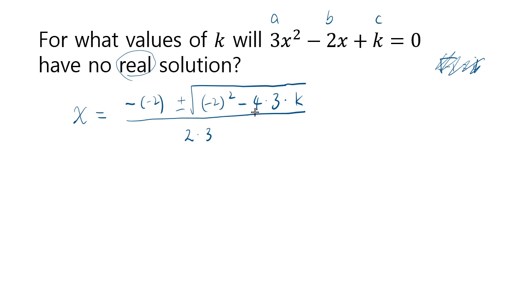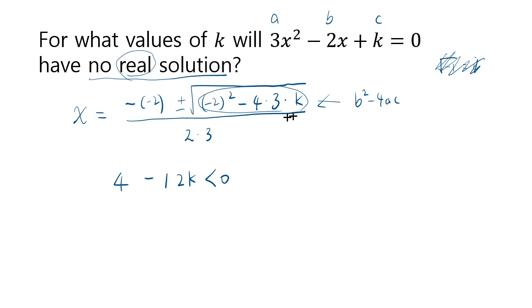But anyways, for this number to be an actual number, what's inside the square root must be 0 or positive. So if it doesn't have a real solution, what that means is that this thing, 4 minus 4 times 3, which is 12k, is less than 0. By the way, this thing here comes from b squared minus 4ac, right?